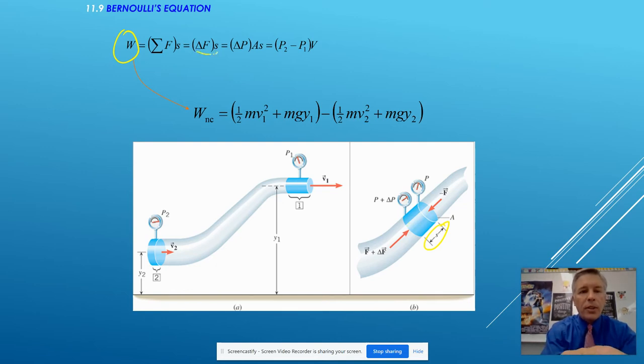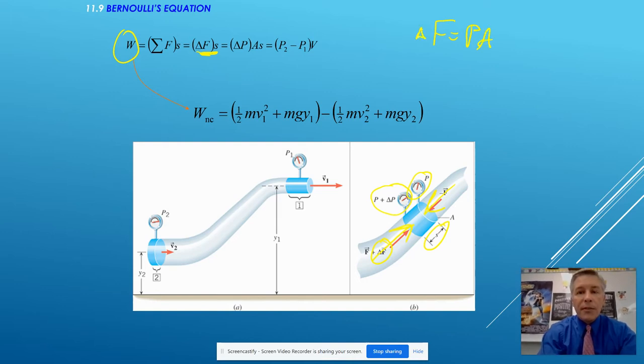If I rearrange that, that would be caused by a difference in force. If I have a slight difference in height or a slight difference in speed, then we're going to have a force acting on one side and a different force acting on the other. The difference between them is going to be important, and it's happening because we have a slightly different pressure. So remember that F equals PA.